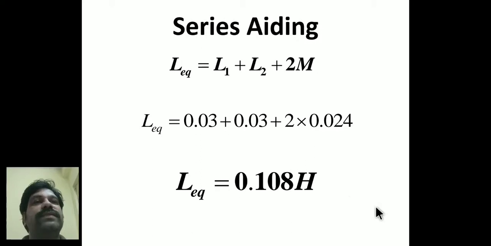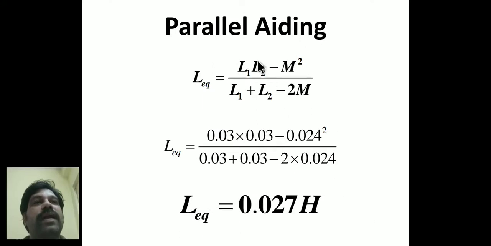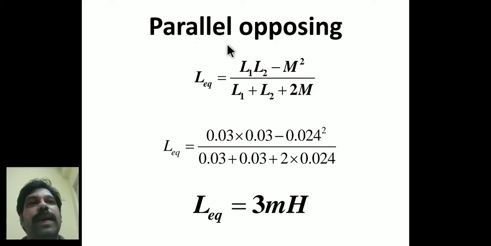In case of series opposing, the formula is L1 plus L2 minus 2M, therefore the inductance value is 0.012 Henry. Similarly, in case of parallel aiding, we use (L1 L2 minus M squared) by (L1 plus L2 minus 2M), and the inductance value is 0.027 Henry. And finally, in case of parallel opposing, (L1 L2 minus M squared) by (L1 plus L2 plus 2M), the equivalent inductance is 3 millihenry.